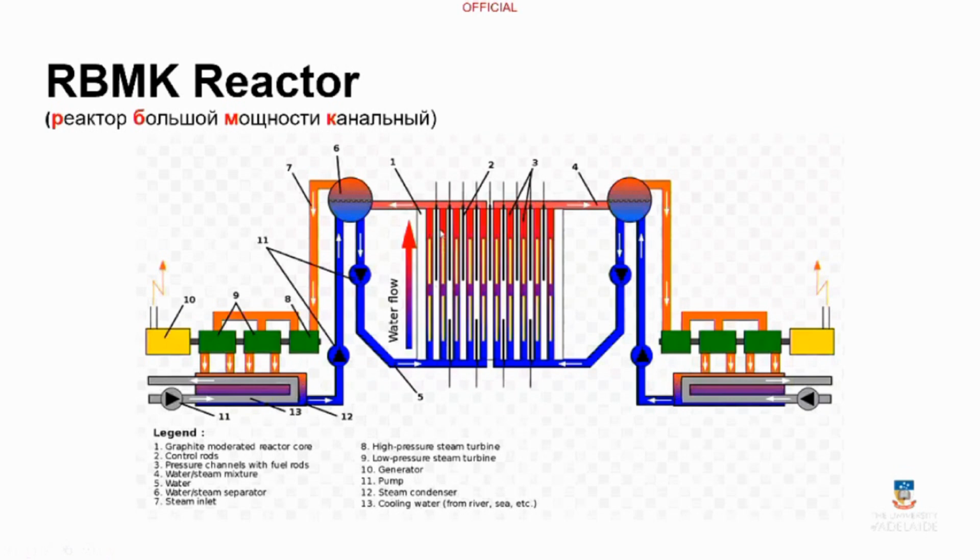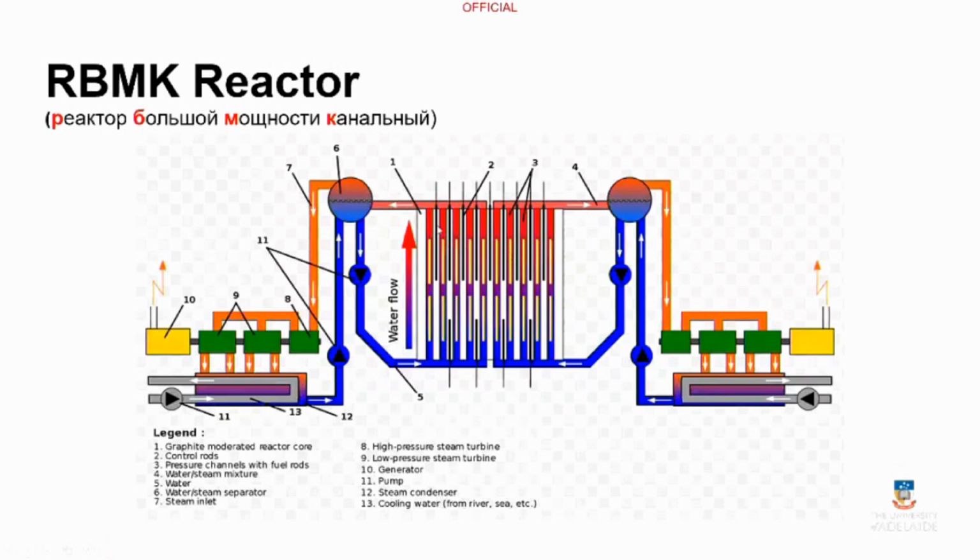The black are the control rods. They go in and out of the pressure channels, which are these ones here, the red ones. And the yellow are the fuel rods.